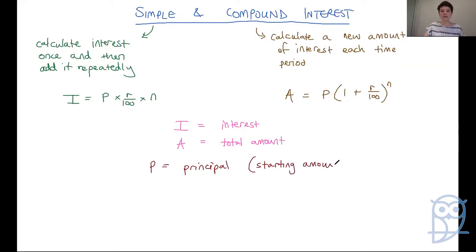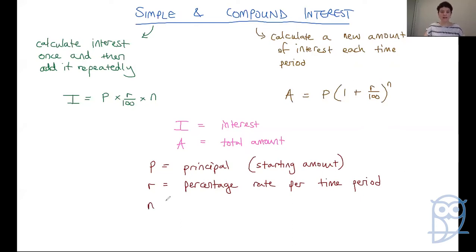How much money was there to begin with? R is your rate per the time period, but it's the percentage. So if we say it's 3% per year, the R would be the 3.